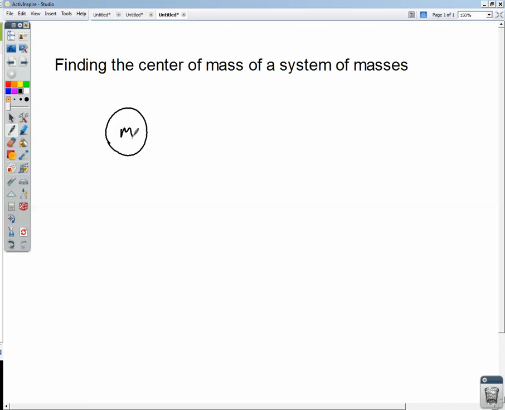All right, so let's talk about a really, really simple system that consists of two masses. Here's mass m, and here's the other mass m, and they are separated by a distance L. If the two masses are the same, then we know from experience that the center of mass is right here, halfway between the two.